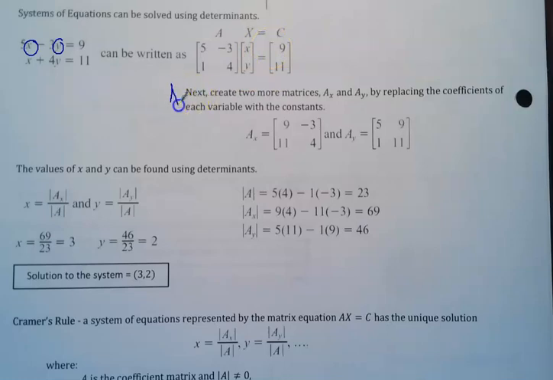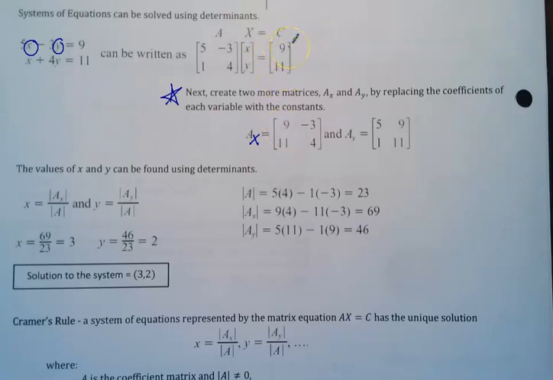Now, this one's tricky. It says next, create 2 more matrices, A sub x and A sub y, by replacing the coefficients of each variable with the constants. Notice here in A sub x, we replaced the x column, the first column, with the constants 9 and 11.